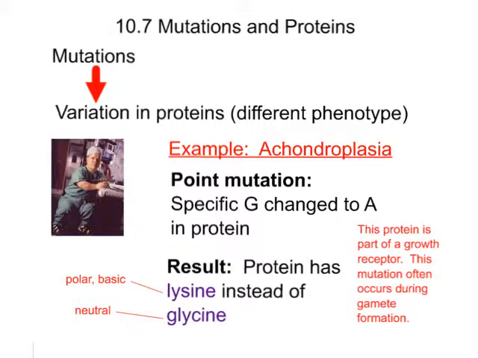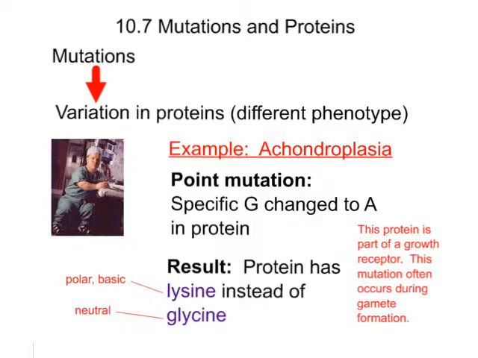The result is that in the protein that is formed, when the codon is read in the translation process, it would normally read a lysine amino acid, but instead it reads a glycine amino acid.